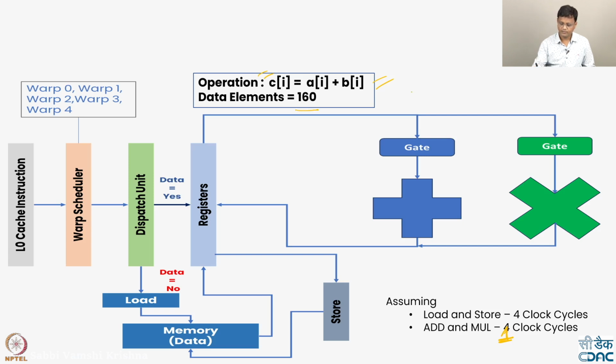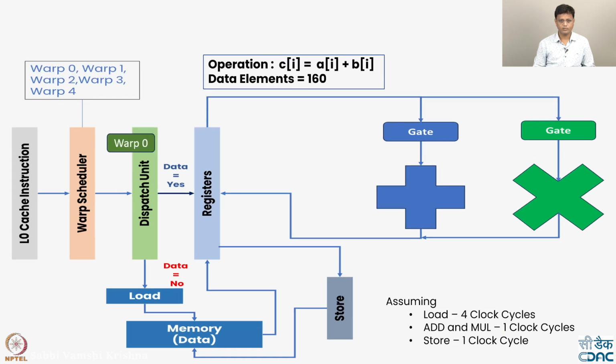If I divide 160 elements by 32, you get 5 warps. So, I have numbered them warp 0, warp 1, warp 2, warp 3 and warp 4. Let us discuss.